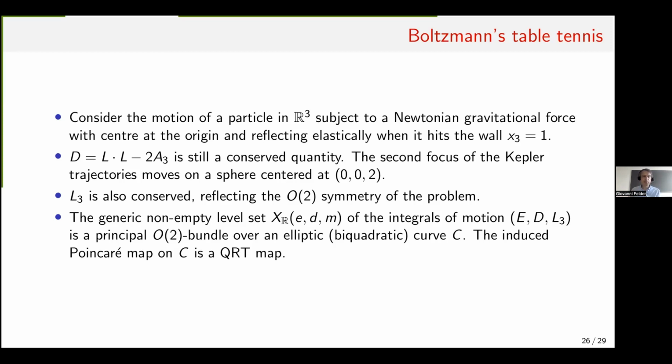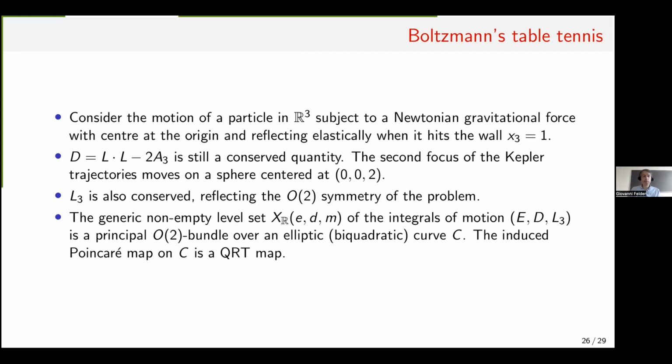And again, it's over an elliptic curve. So now we have a surface instead of a curve: a surface which is an O2 bundle over an elliptic curve. And in suitable coordinates, this curve is a biquadratic curve.